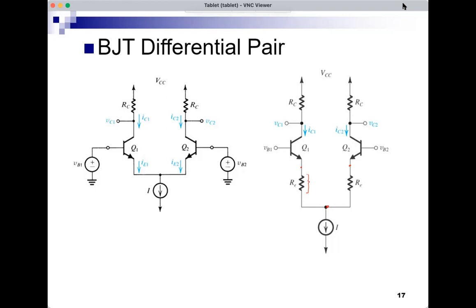The effect of a resistor between the emitter and signal ground was that it reduces the gain. So this is a reduction in gain. This is the price we pay, but we get improved input resistance and improved linearity. So if you see this resistor RE, now you know why it's there.